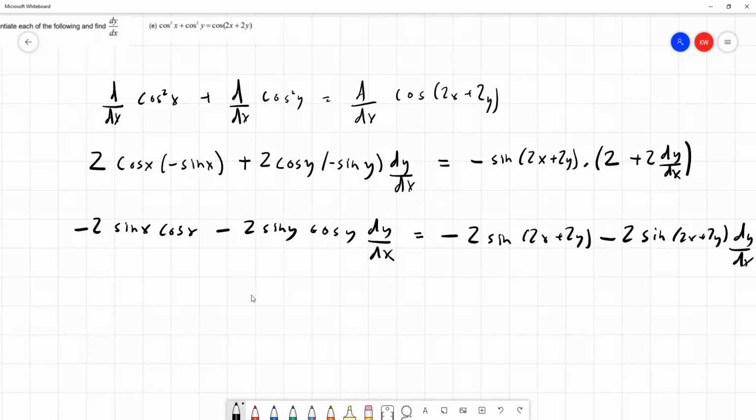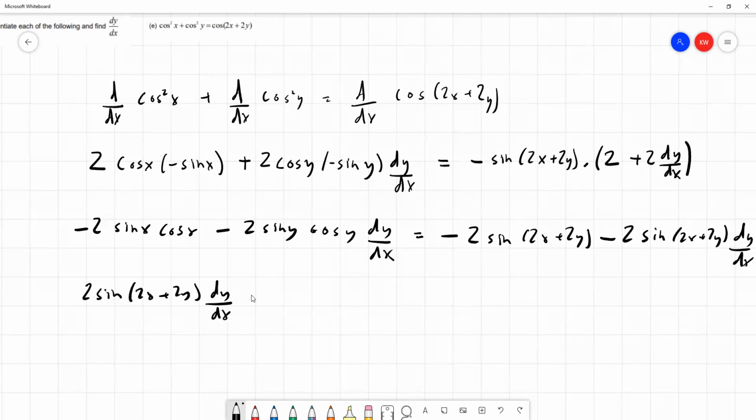So this allows us to tidy up all of our terms. We'll add and subtract across to give us dy by dx on one side and other terms on the other. So I'm going to take the 2 sin of 2x plus 2y dy by dx and add it across, so I'll have 2 sin of 2x plus 2y dy by dx over here.